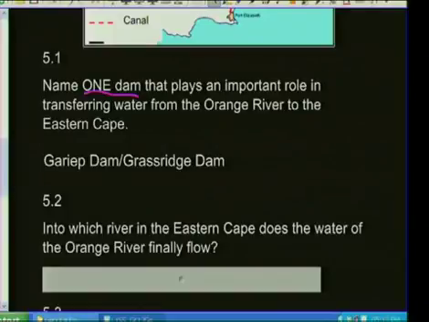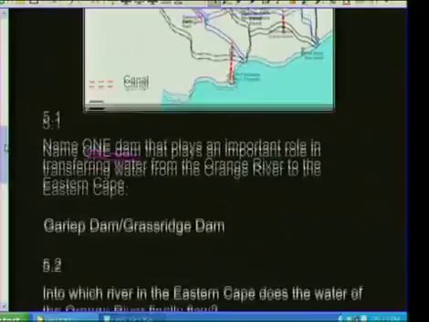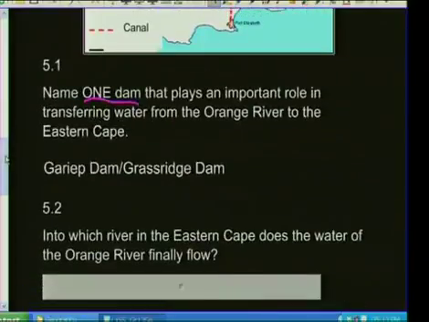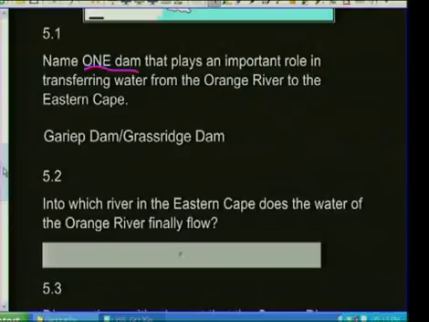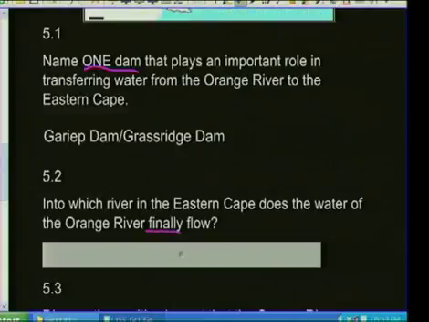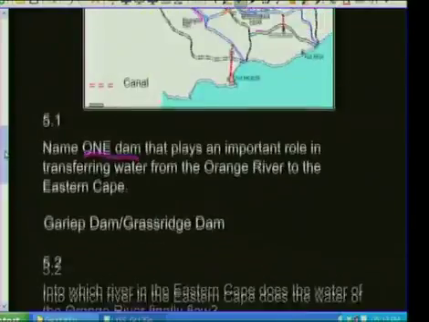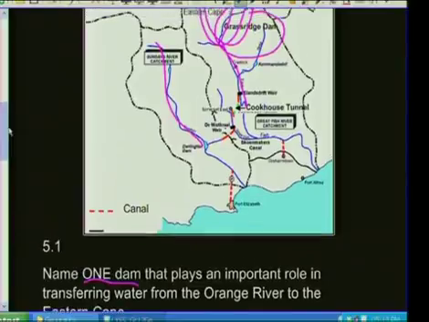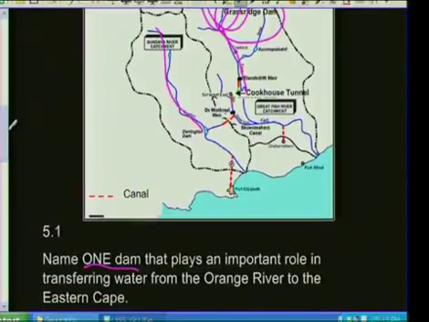Let's look at the next one. If you go down here: into which river in the Eastern Cape does the water of the Orange River finally flow? Remember the action word, finally flow. That's your action word. So I'm looking down here. I look at the Sundays River, it's going in. Can you see it? It's not stopping.